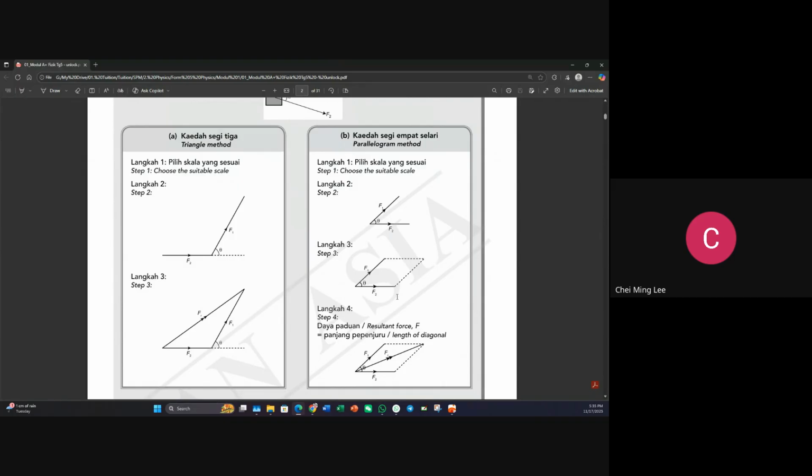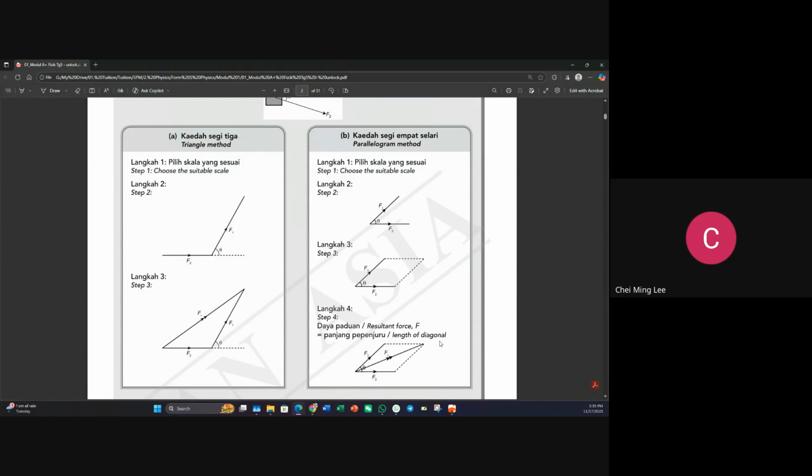Then we connect the two points from here to here. So then we measure the angle for the direction and the length of the force, and get the actual force by multiplying the length with the scale.